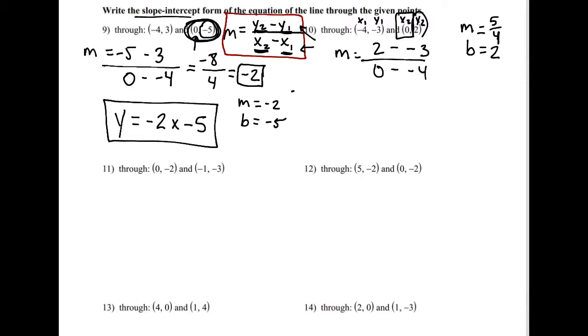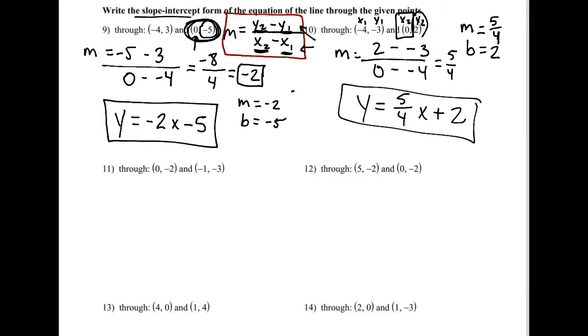Now if I simplify this, put it in my calculator, I get 5 over 4. So notice either way, you get a slope of 5/4. If you noticed very quickly, you got that B already. So now we have y equals our m, which is 5/4, x plus b. And that's our final answer for the slope-intercept form of the line.